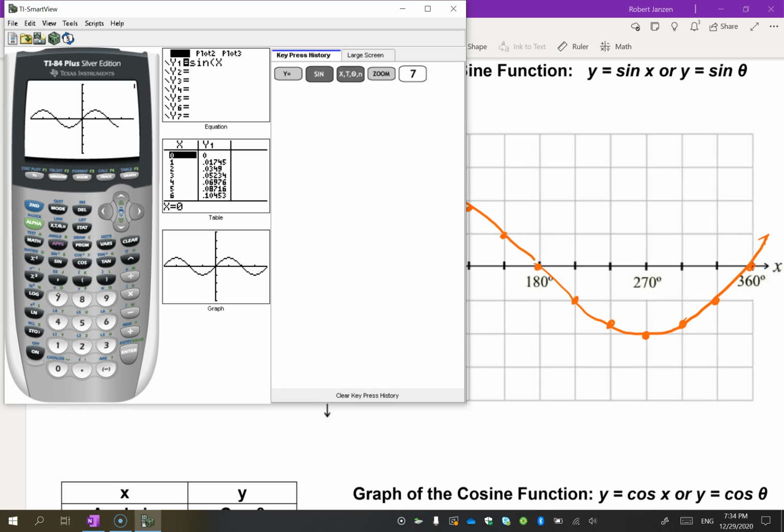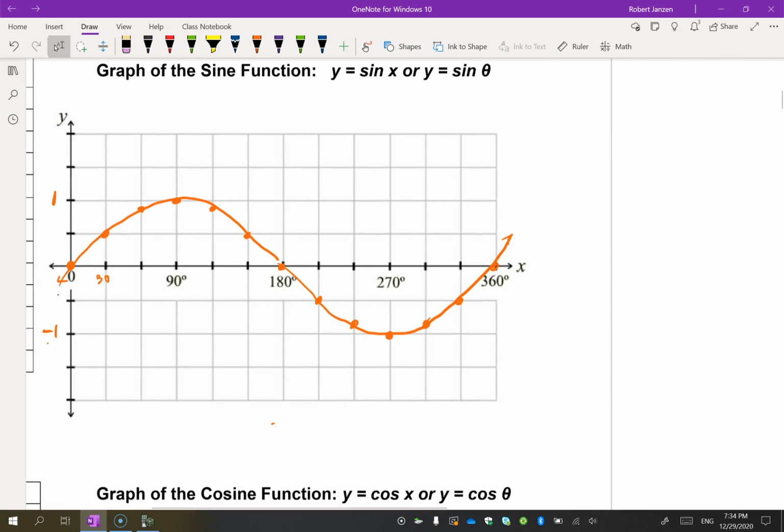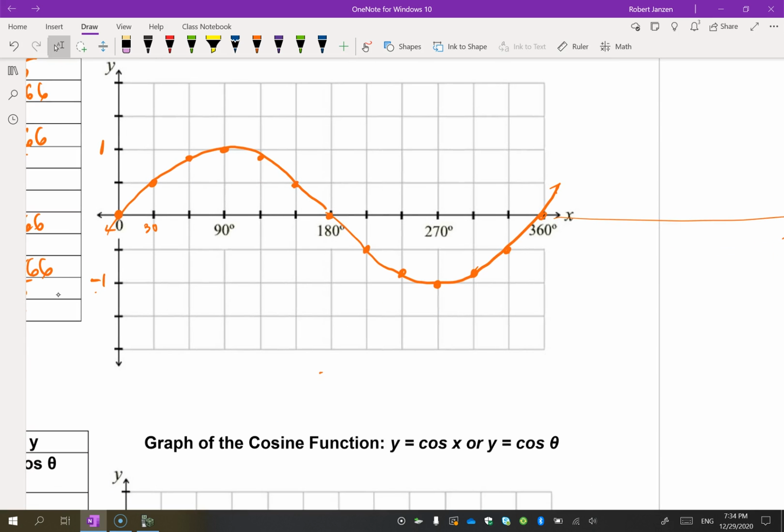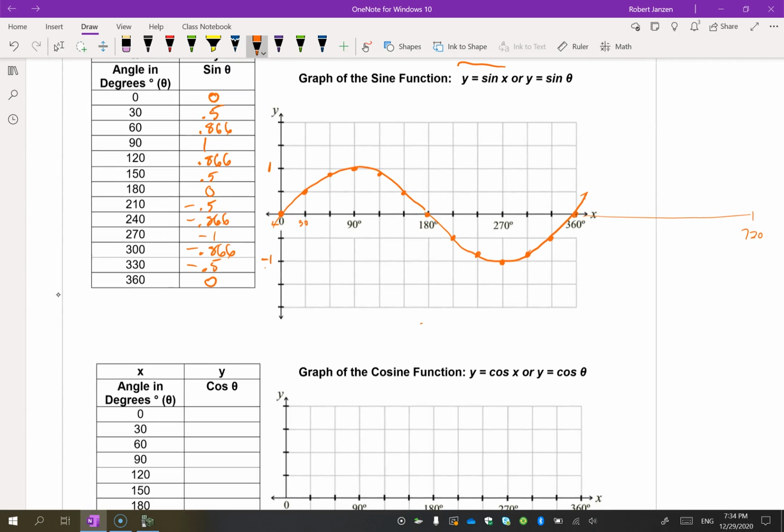And you can see that it goes back and forth a bit more than ours does. Like we only looked at from 0 to 360 here. If we continued on all the way to 720 degrees, this graph would happen again, because it's periodic. It happens over and over again. Okay, so that's our graph, y equals sine of x, or y equals sine of theta.